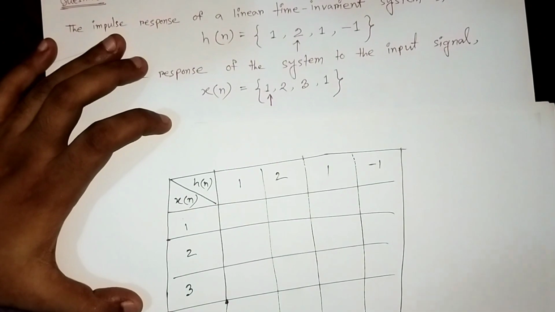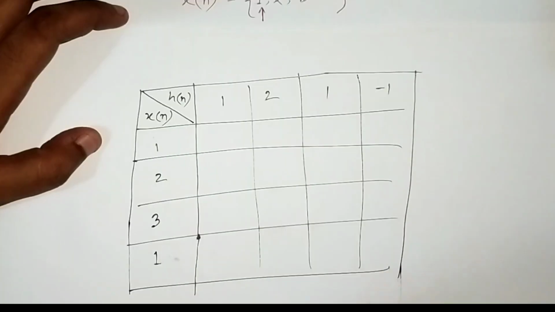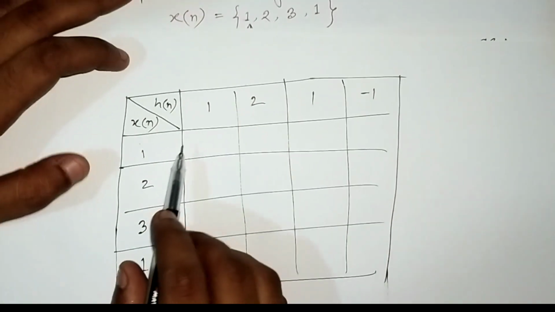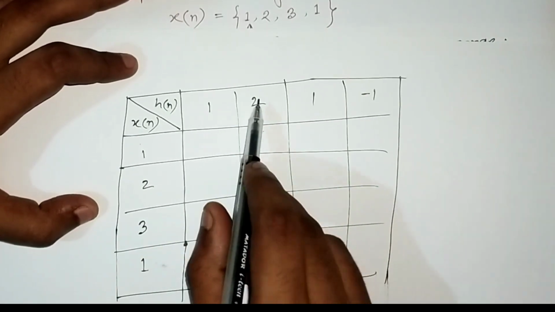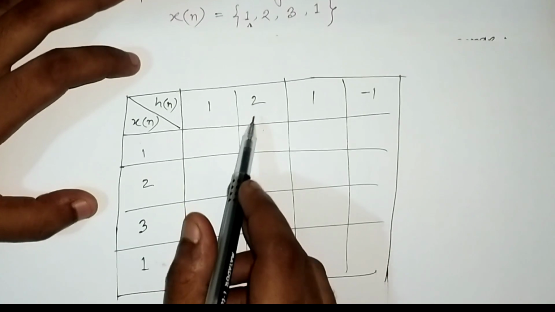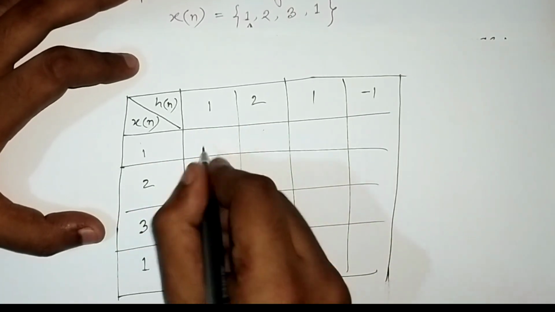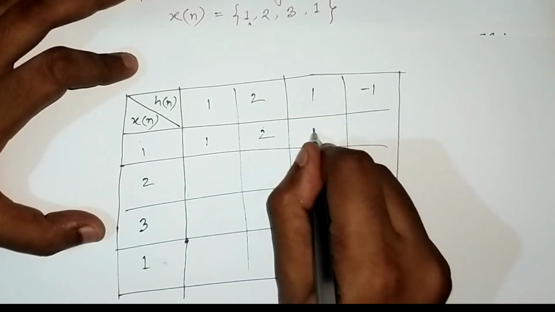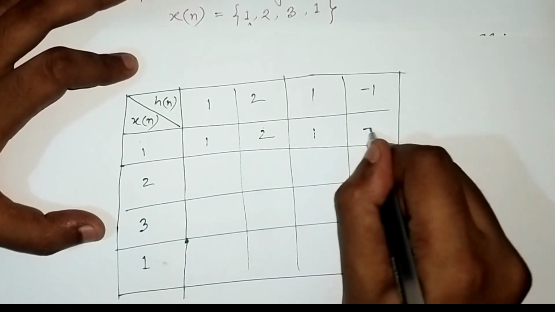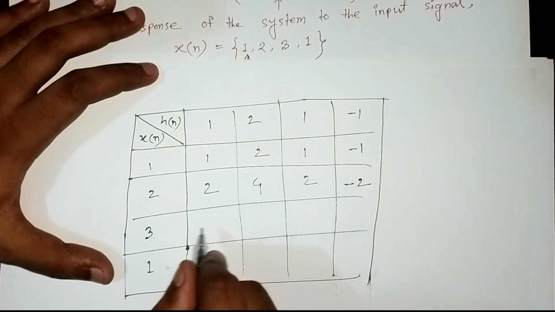Then what you need to do is multiply them with each of the boxes with their corresponding row and column numbers. For example, 1 times 1 becomes 1, 2 times 1 becomes 2, 1 times 1 becomes 1, negative 1 times 1 becomes negative 1. 3 times 1 is 3.